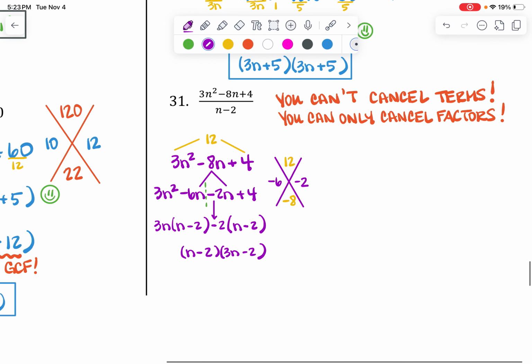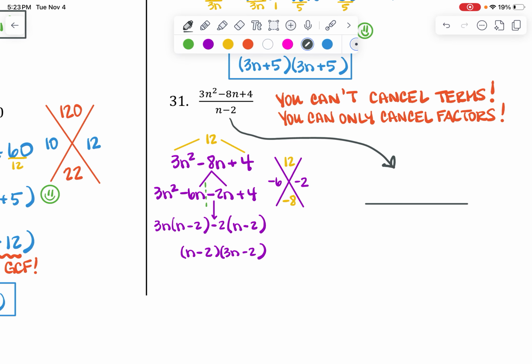So what I'm going to do now is go over here and rewrite the problem. Instead of that quadratic trinomial, I'm going to replace it with n minus 2 times 3n minus 2, because I've changed it into its factored form. And my denominator is n minus 2. Now, I know there weren't parentheses around it, but you can put parentheses around it if you want to. And now we're back to our rule right here.